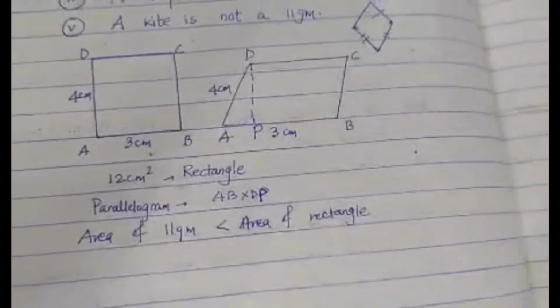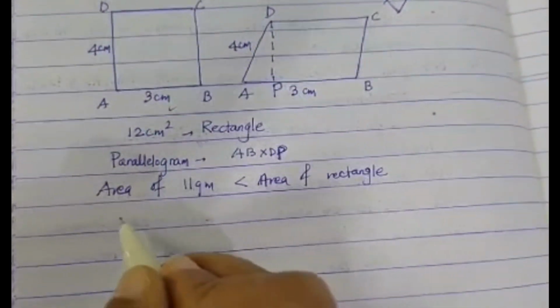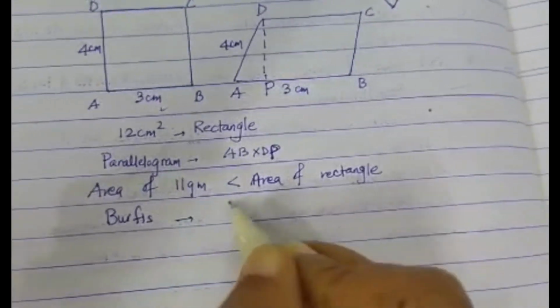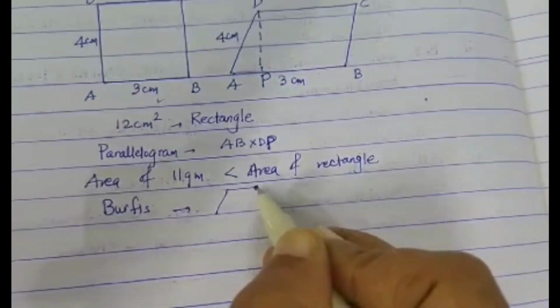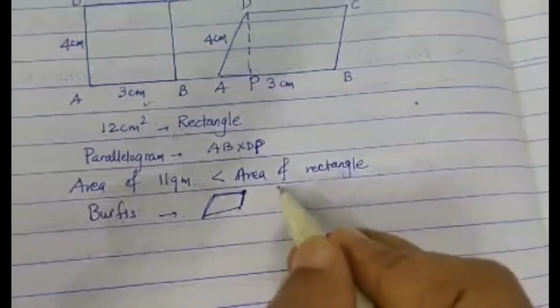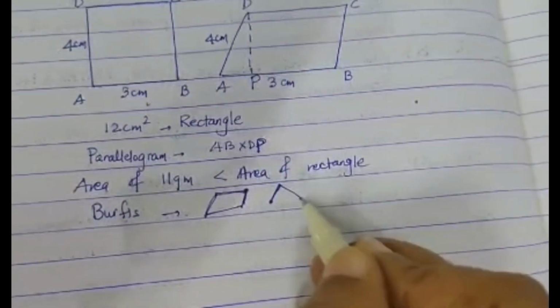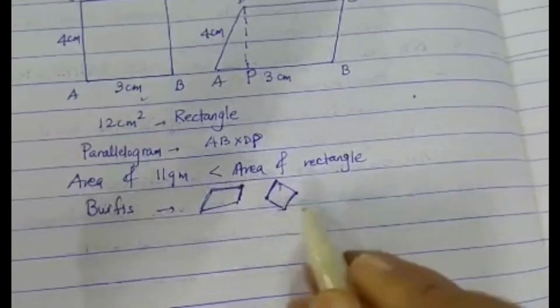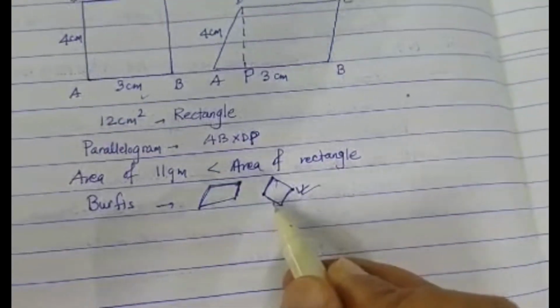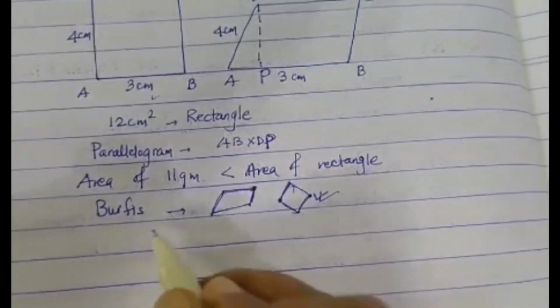The main point here is, in a sweet shop the burfis are basically of this shape, but these are in the shape of a parallelogram. Why? Because they cover less area.